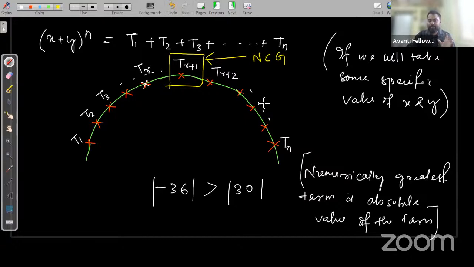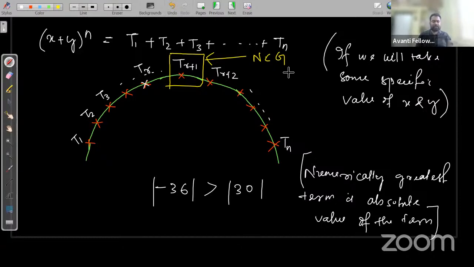There may be 2 or 3 terms which are numerically greatest. Here we are considering only one case. But there may be a case when we have a flat surface, with two terms, and then there will be 2 terms which are numerically greatest.